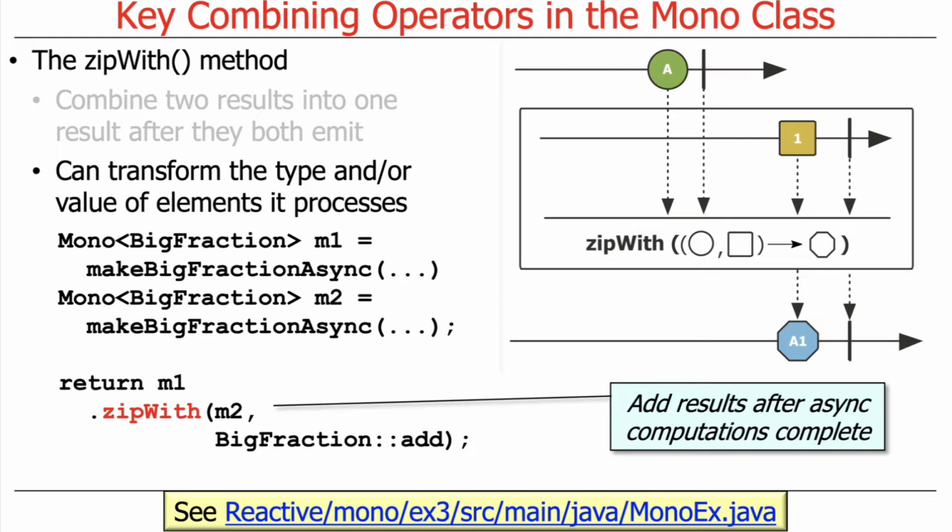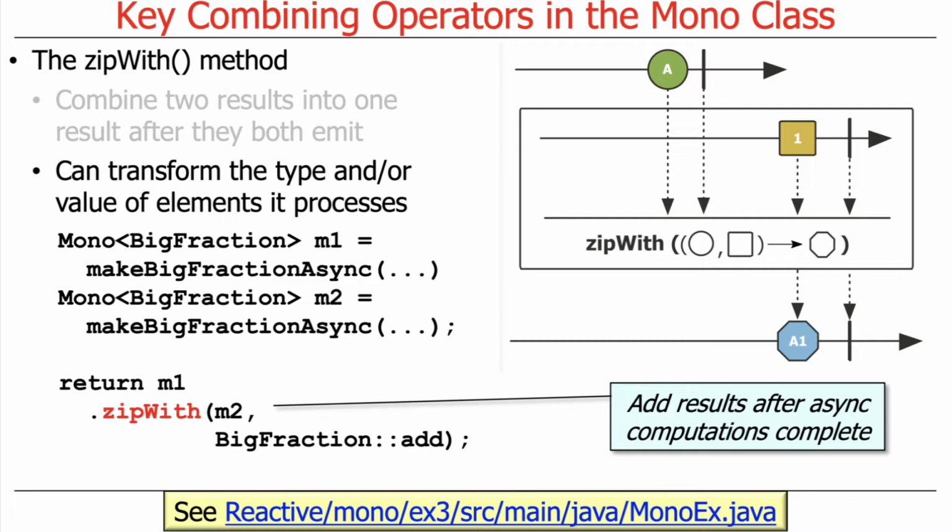And then we say m1, which is the first BigFraction Mono, zipWith m2. That's basically saying, wait until m1 and m2 are done and they emit their results, and then combine them. And we're going to combine them in this case by using the BigFraction add method, which is just something that's a BiFunction.